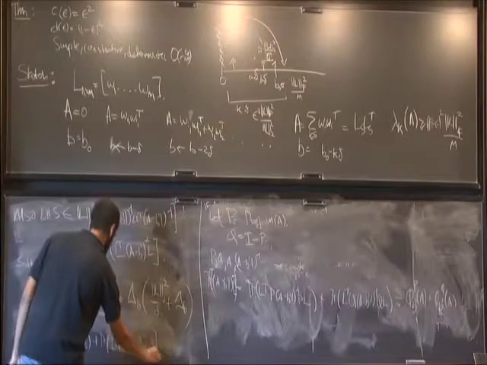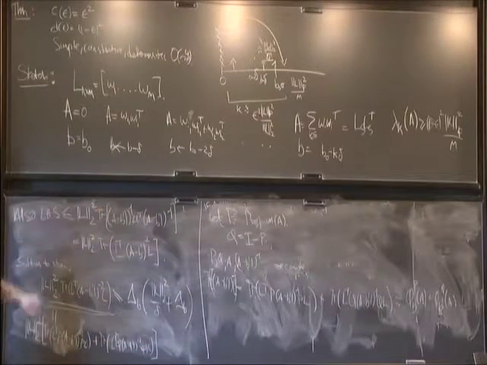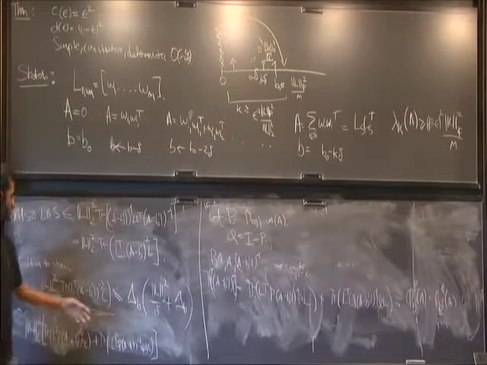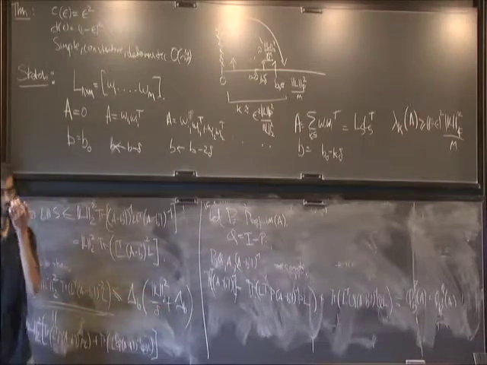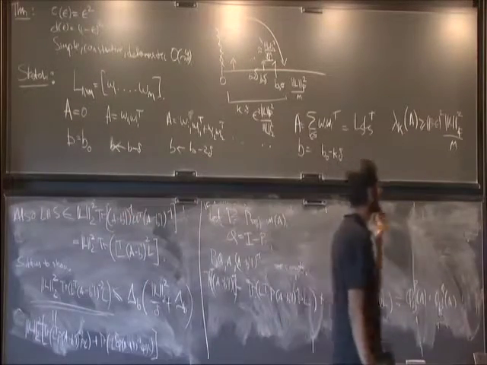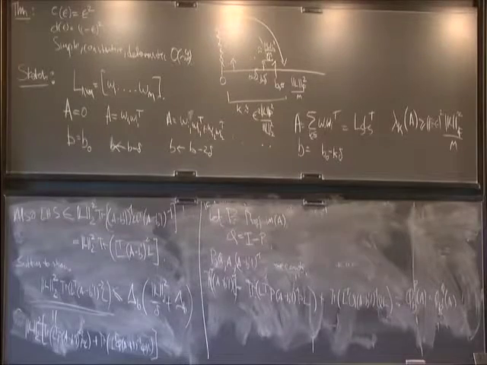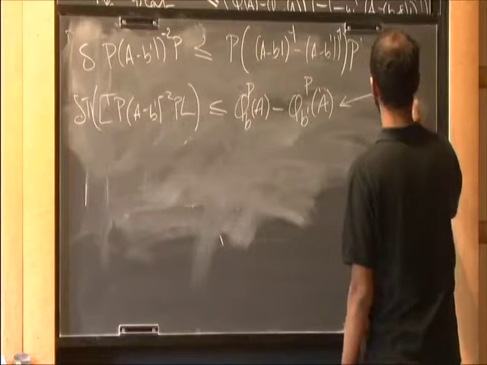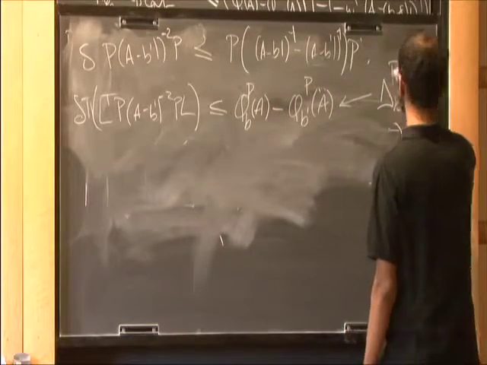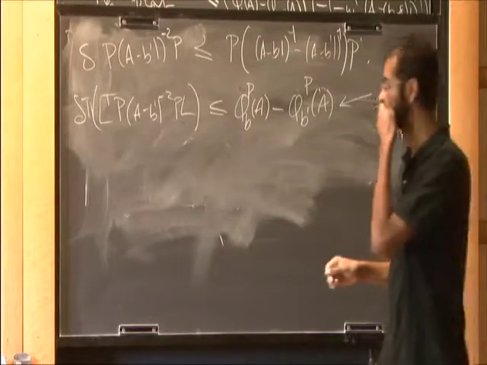Okay. And what I've done over there is I've bounded this P part by something over here. And so call this thing delta. So I have the delta B's. I'm also going to split these into P and Q parts.